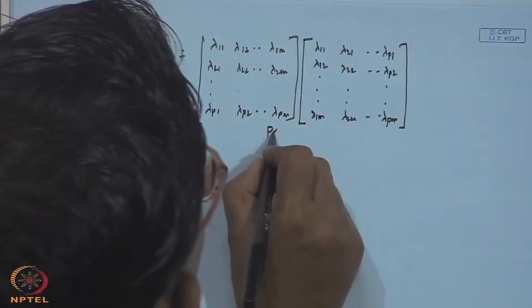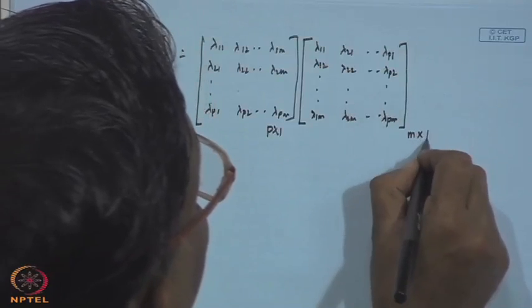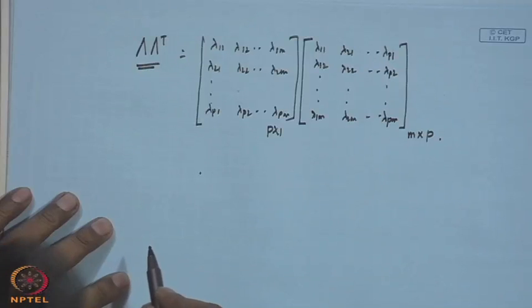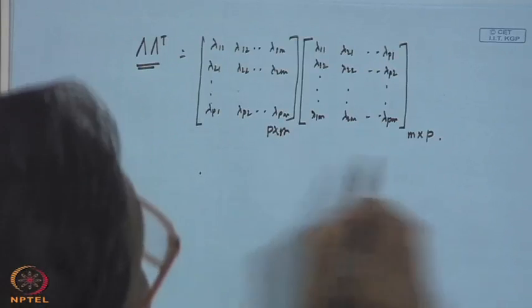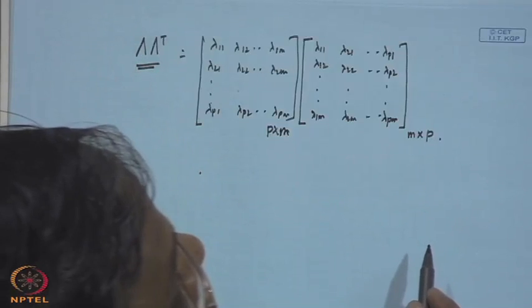This is your p cross m, this is now m cross p, and you must get p cross p, because it is p cross m and m cross p. Okay.